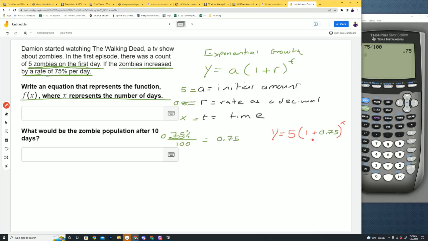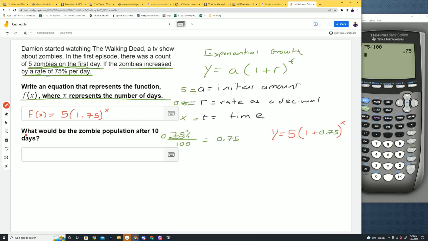If I add that together, well, this is a function, so we should write f of x is equal to 5 times 1 plus 0.75, which is 1.75, to the x power.